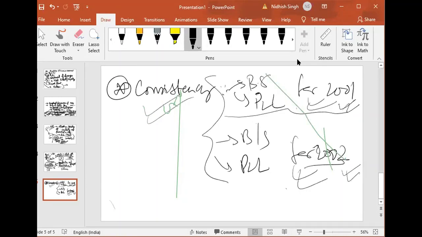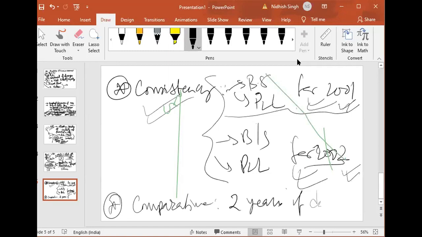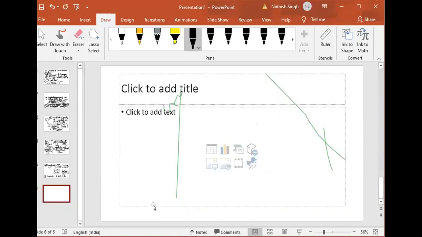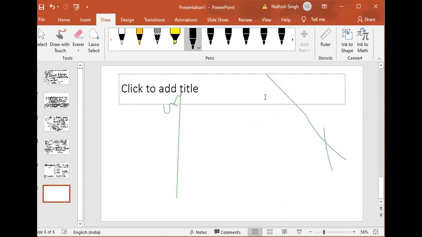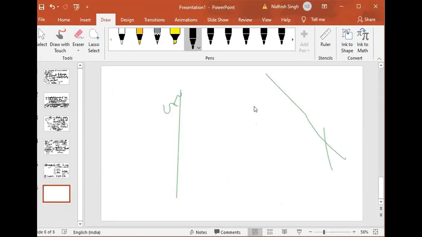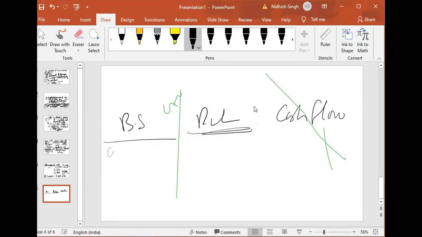Okay, and that also brings me to another point called comparative. IFRS requires at least 2 years of disclosures. What does that mean? 2 years of disclosures. So when you have a balance sheet, P&L, or even cash flow, this needs to be prepared for current year as well as previous year, CY, PY.